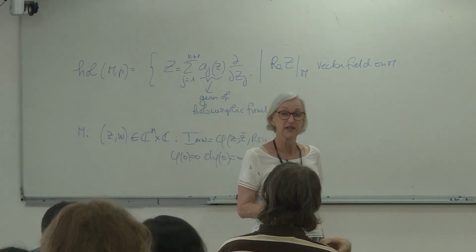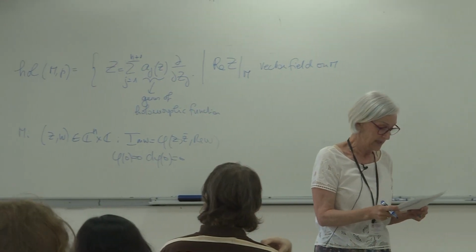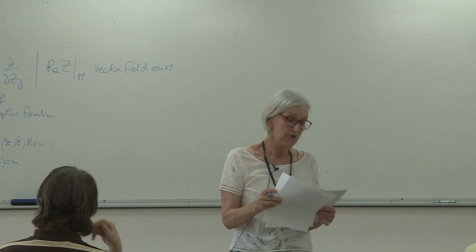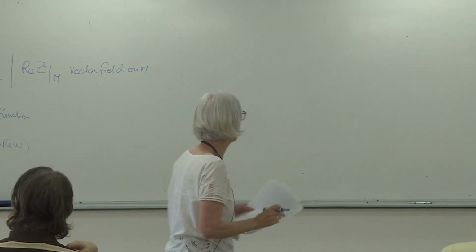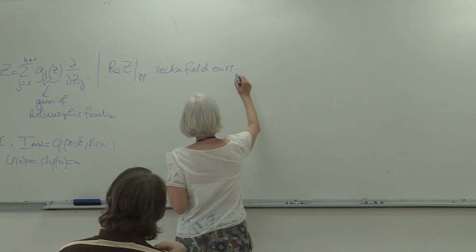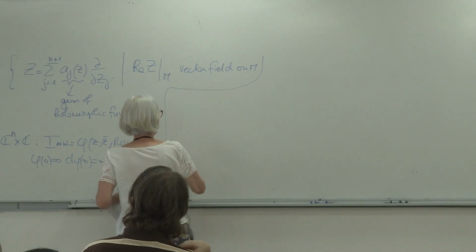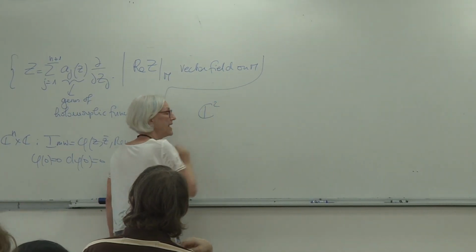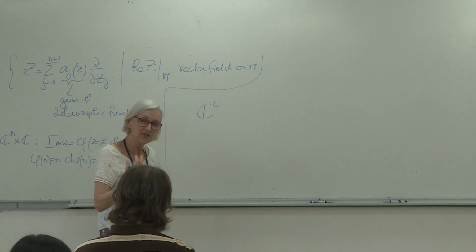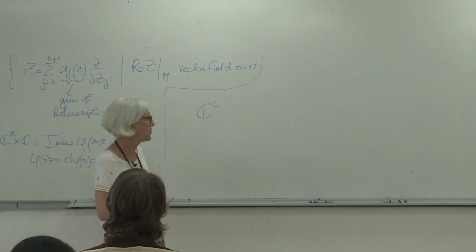Okay? And now I will compute for a special case, I will take a very special one, in C2, and I will compute it; you will see in the final lecture why.